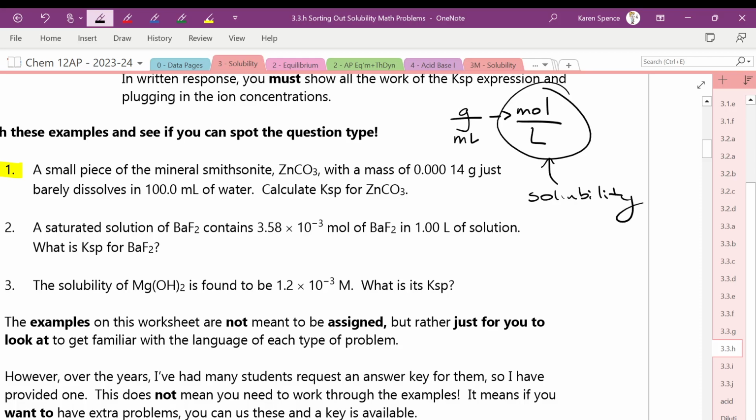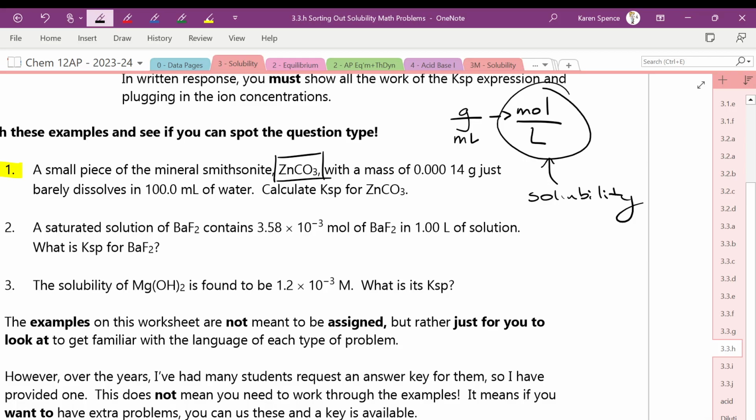Do you have 2 compounds or 1 compound? 1 compound. So what is your ion ratio going to be? Will it be stoichiometric ratio? Yes. So KSP is equal to S squared. You'd have to show the whole C and the KSP expression and all of that, but that's how you go.